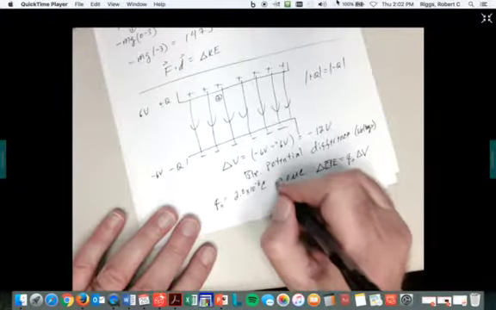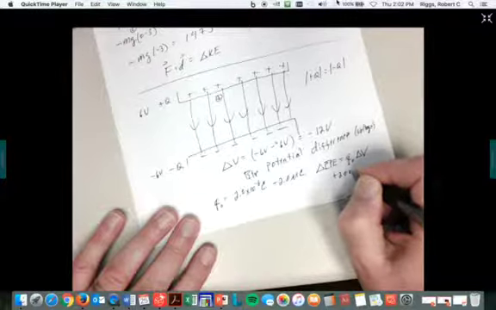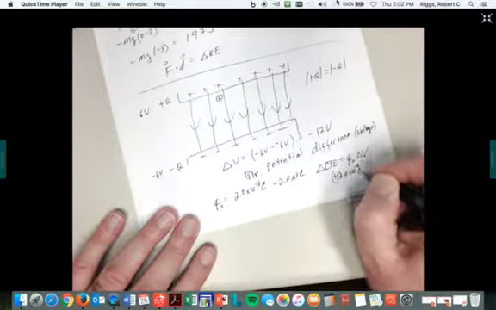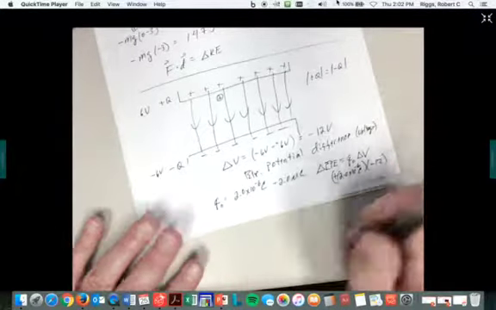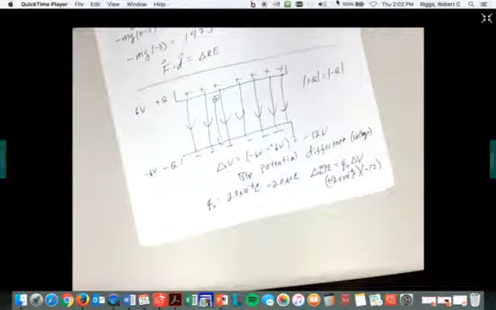So Q is positive. So I've got positive 2.0 times 10 to the negative 6 coulombs times negative 12. It lost energy. Why? Because it wants to go that way. And it's going to gain kinetic.